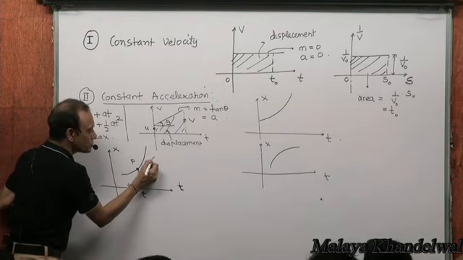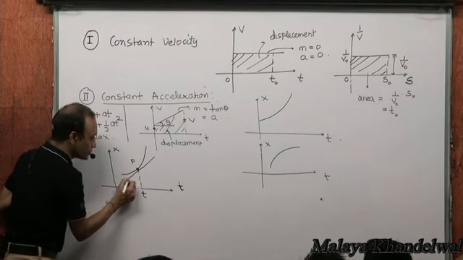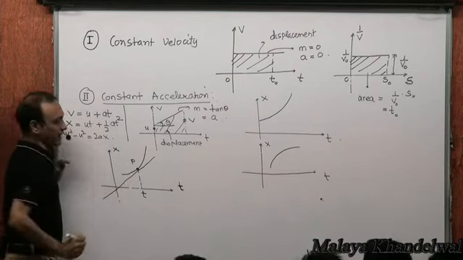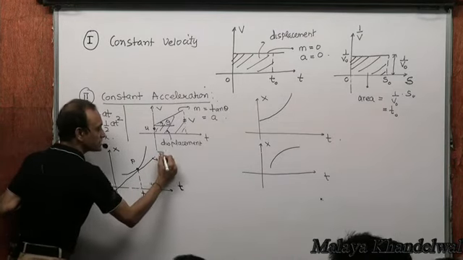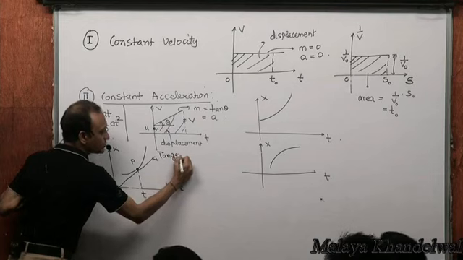And at that point, draw a tangent. This is the tangent at P, tangent to the curve at P.